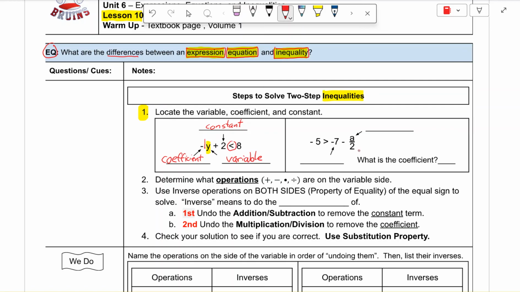All right, let's check the next one. This time the variable is on the right side, right here. We do know that there is a number in front of that a, so we're going to add it. It's the number 1. We can add that anywhere. And a is the variable.